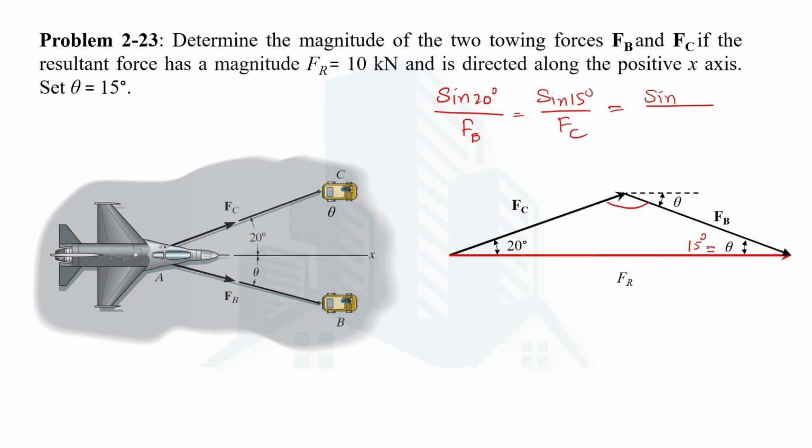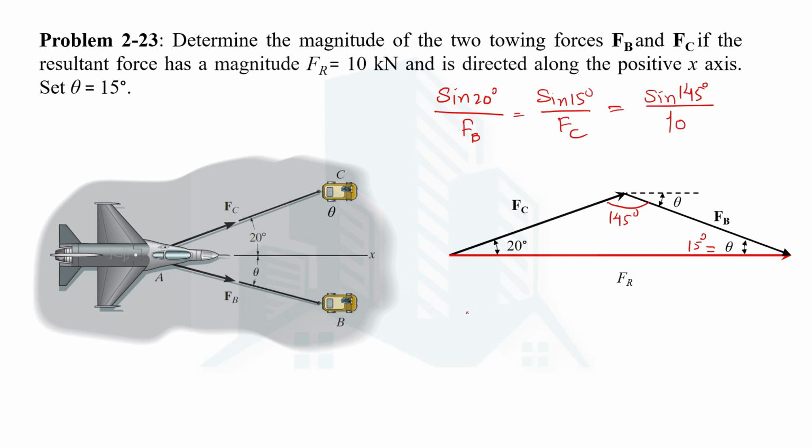So this is 20, this is 15, that makes 35 degrees. The remaining would be 145, correct me if I'm wrong. So sine 145 degrees here is divided by the opposite side, which is Fr, the resultant given, that is 10.